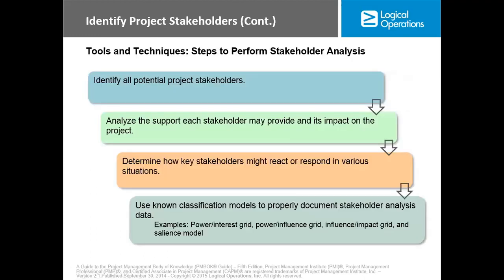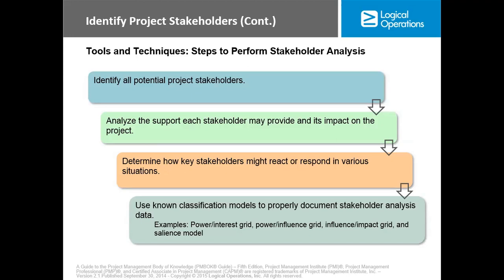Okay, tools and techniques or steps to perform in stakeholder analysis. We have: identify all potential stakeholders, analyze the support each stakeholder may provide and its impact on the project, determine how key stakeholders might react or respond in various situations, use a known classification method to properly document stakeholder analysis. Example, what we used just now is the power interest grid.